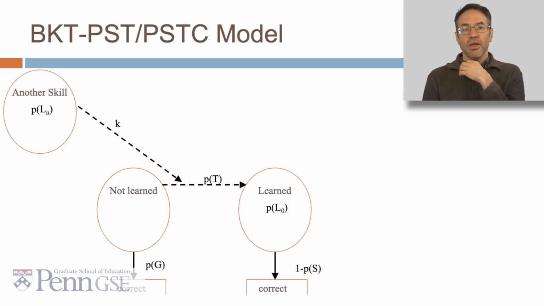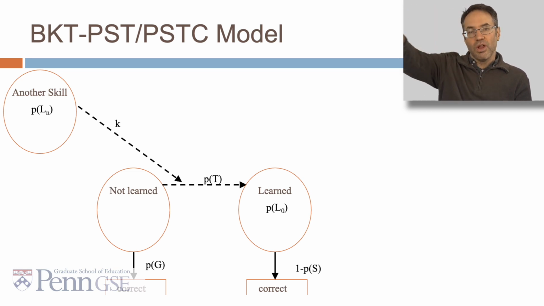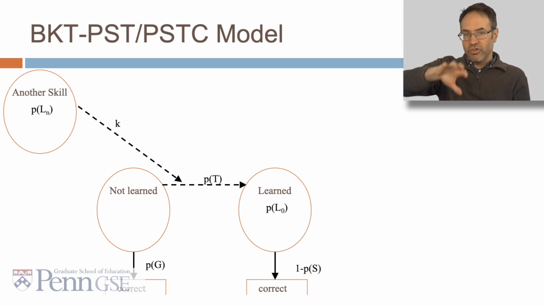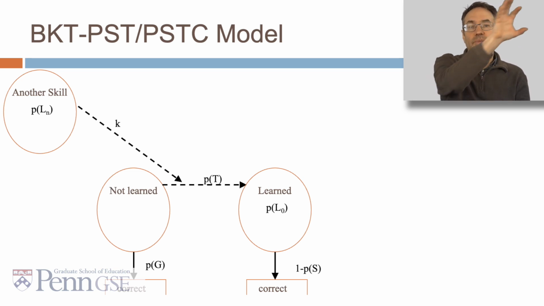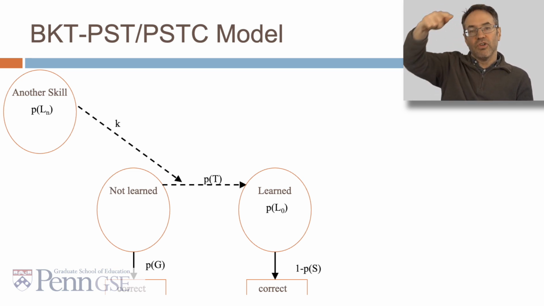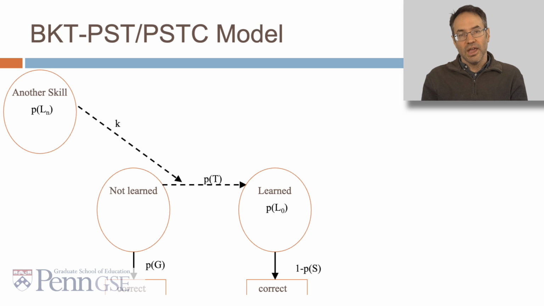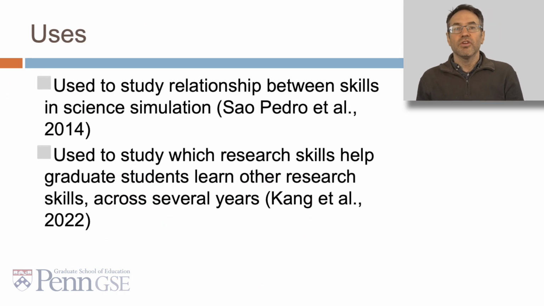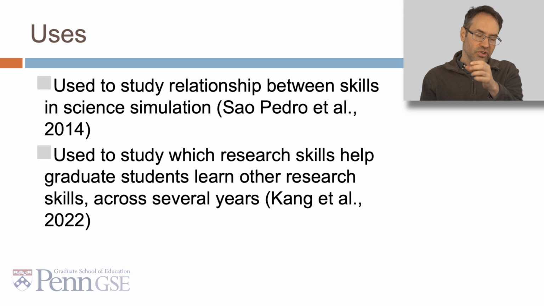The BKT PST or PSTC model basically is the original BKT graph, which you see at the bottom, but then from some other skill, there's a transfer in which has parameter k. This method of transferring information between skills hasn't been used a ton, but it has been used by Seo Pedro and colleagues to study the relationship between skills in a science simulation.